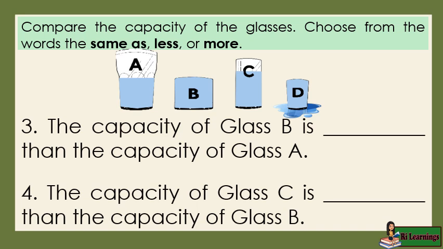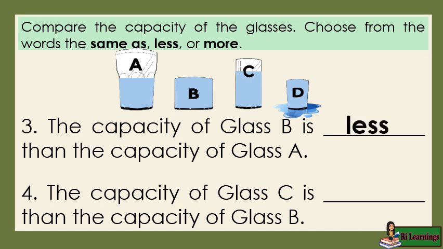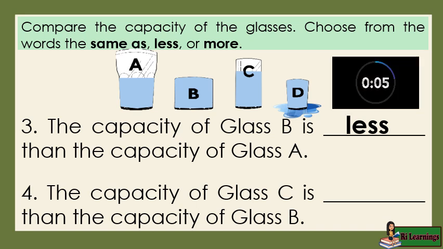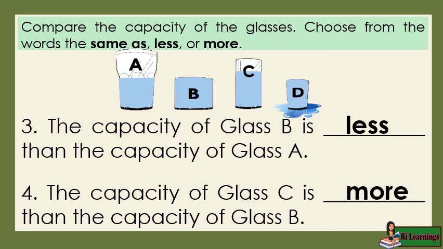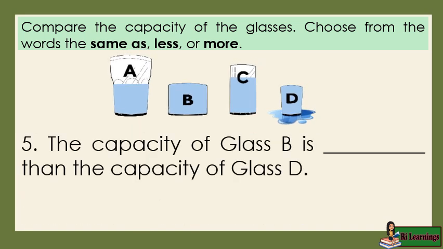3. The capacity of glass B is less than the capacity of glass A. 4. The capacity of glass C is more than the capacity of glass B. 5.